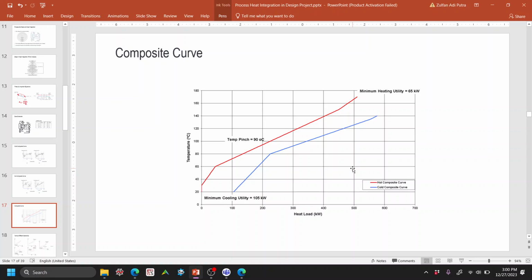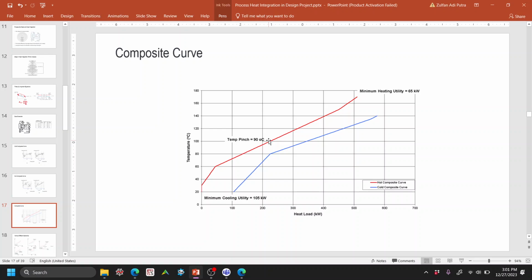So this curve was created with delta T of 20 degrees C, and then you can see why it says 20 degrees C, because the minimum distance between these two curves along the regions of this heat load is 20 degrees C. That's the minimum distance, which is somewhere here.